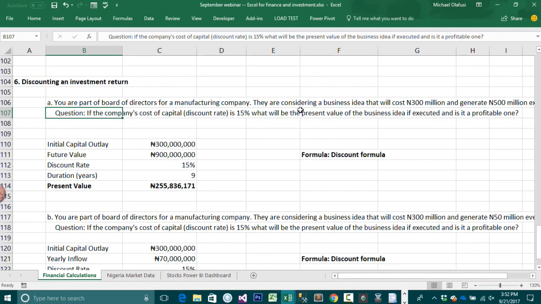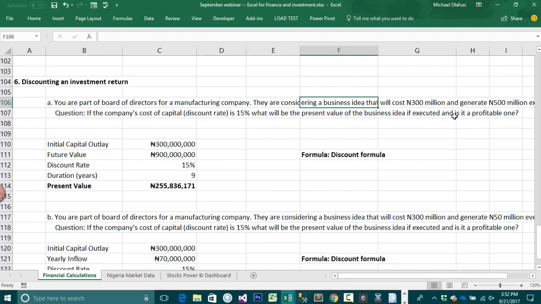So now the question is, what will be the present value of this investment, and is it a profitable one? Should you go ahead and execute the project? Is this investment going to be worth the 300? Is it going to be profitable? Assuming you borrowed that 300 million naira from a bank at 15%, will this thing make enough money for you to cover both the money you borrowed and the interest you will pay back on the loan? So that's a simplified way of explaining it.